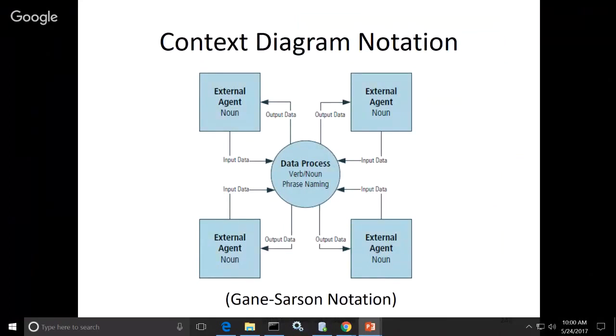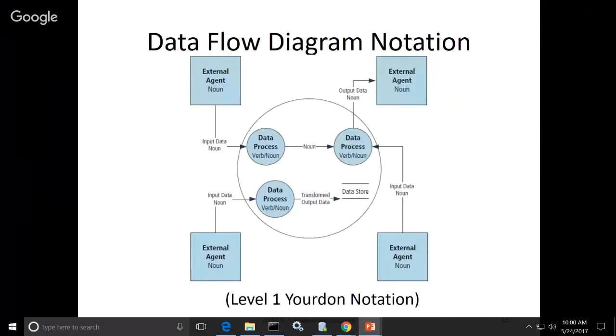You know, input data, output data, it just shows a closed loop. This is essentially what I drew on the whiteboard a few minutes back. Here, this is showing input data coming into a system and then output data going out. There's no reason why I can't have an output going to an external agent here as well.